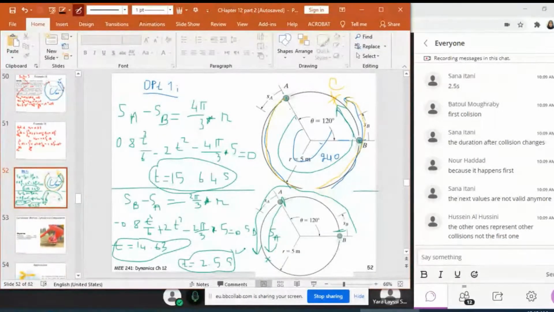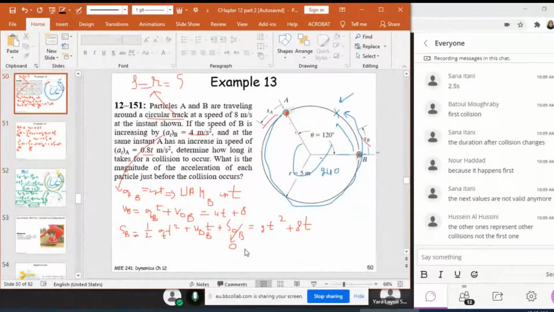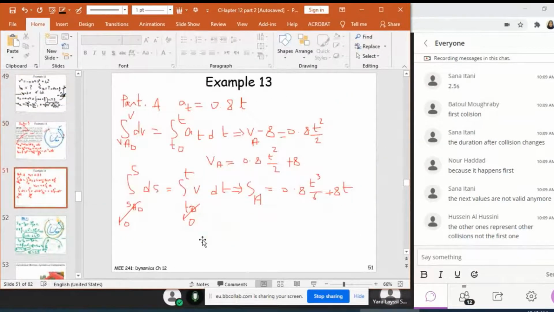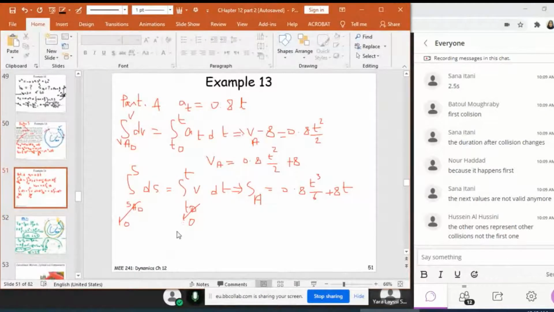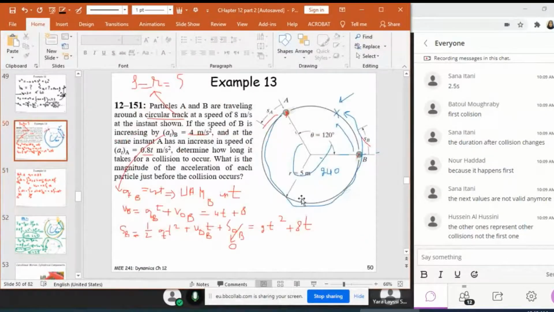All right? Now, if you choose the same origin, like we did in the rectilinear motion, let's say I'm going to choose A0 as my origin. In this case, SA0 will be equal to 0. But S0B will not be equal to 0.